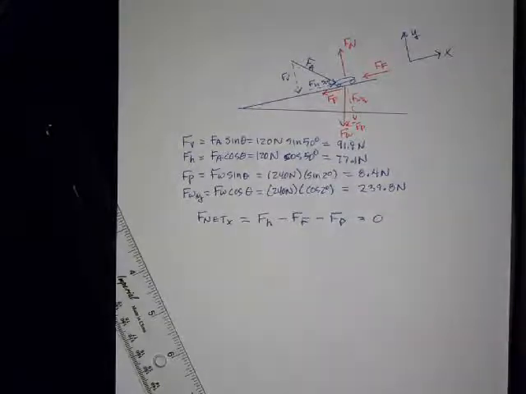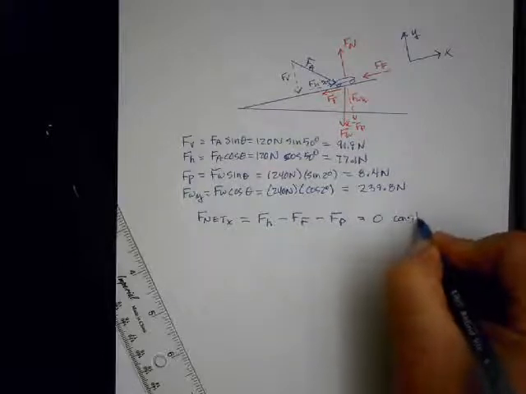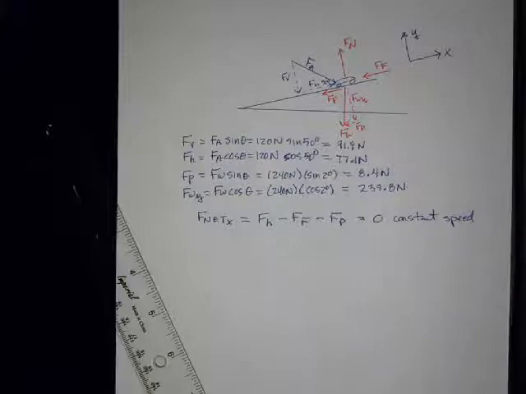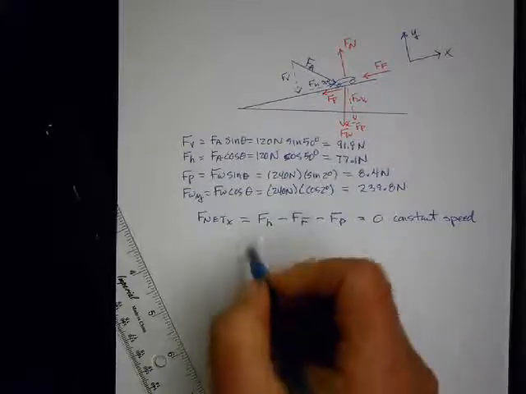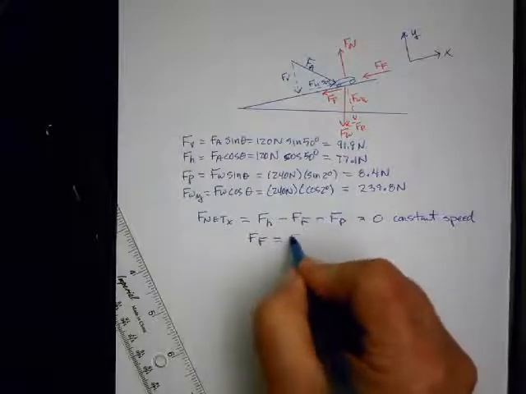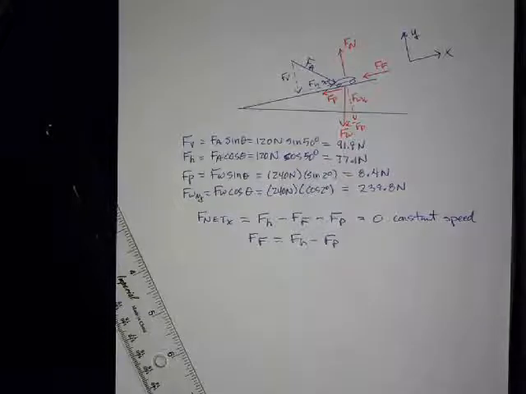So now my frictional force is the horizontal component, subtract the parallel component. Okay, we already had that. That's the 77.1.